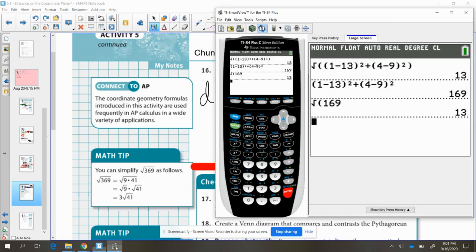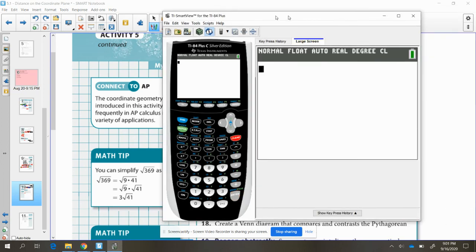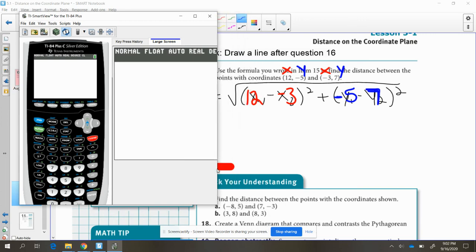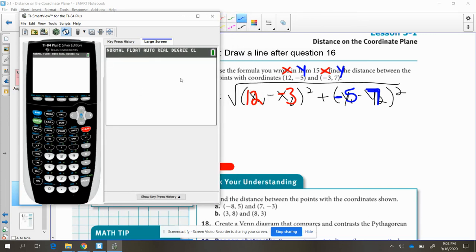Now be very, very careful yet again with this. Notice here, I'm going to shrink this down so we can see everything a little easier. Okay, again, I'm going to start by doing this so that I'm not using the square root so I don't confuse myself. So I'm going to have parentheses 12 minus negative 3, or plus 3. Remember, minus a negative.